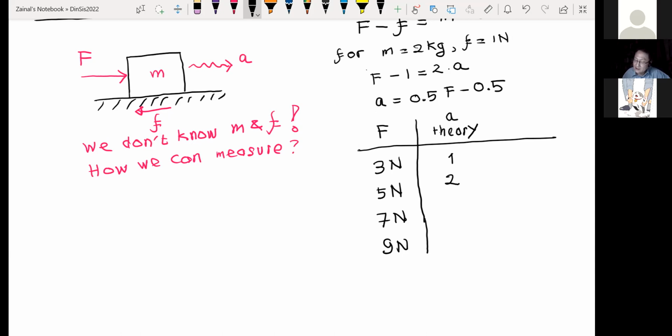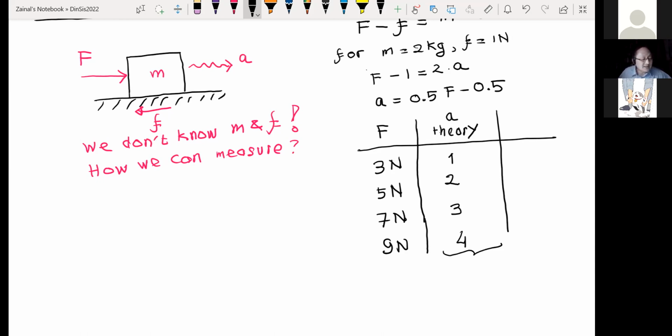Okay. While this one will be 3.5 minus 0.5 is 3, right? This one theoretically 3. 4.5 minus 0.5 is 4. This one is theory. You cannot obtain this one in practice.